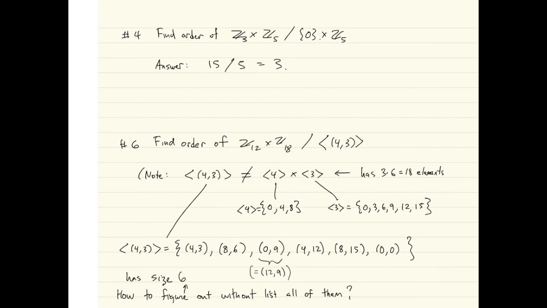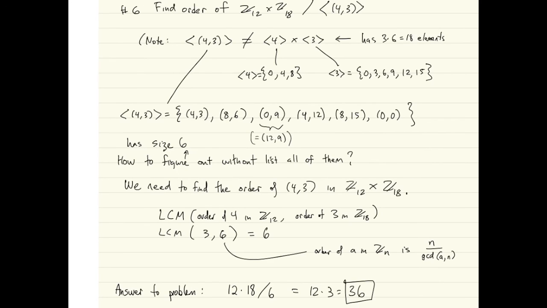Now, how to figure out this number 6 without listing all these elements? We've seen how to do that when we were talking about abelian groups. The order of (4, 3) in this group is the least common multiple of the order of 4 in Z12, so that's what I've written here, and the order of 3 in Z18.